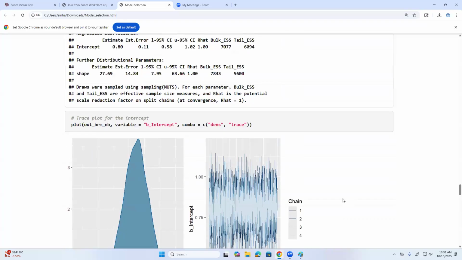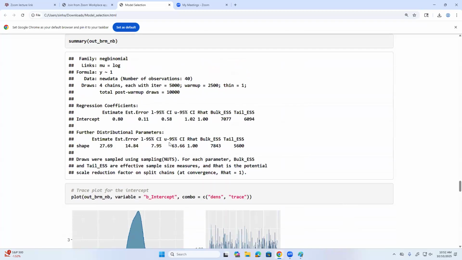How do you know that? So there is one parameter, R hat. If R hat is very close to 1, that indicates there is a good convergence of the chain. R hat is calculated if you have multiple chains. We have 4 chains to verify the convergence.